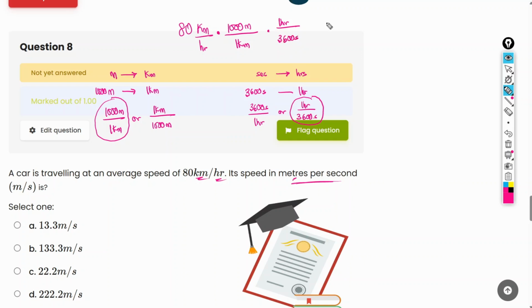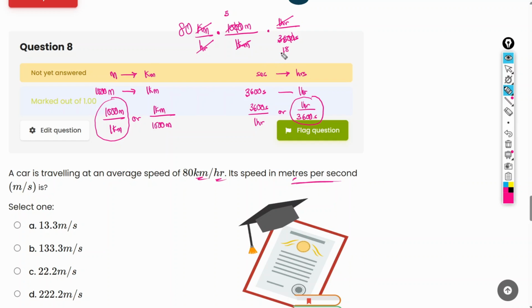From here on out it's just basic cancellation and division. Let's cancel out the units first. Hours cancel hours, kilometers cancel kilometers. So now we're left with meters per second like we want. We can cancel off these zeros here. I can use 2. 2 in 10 is 5. 2 in 36 is 18.